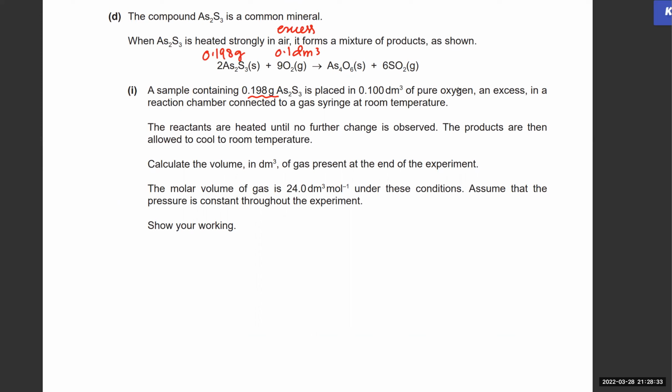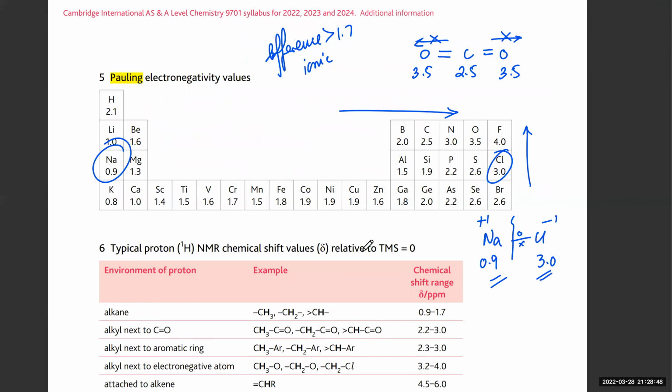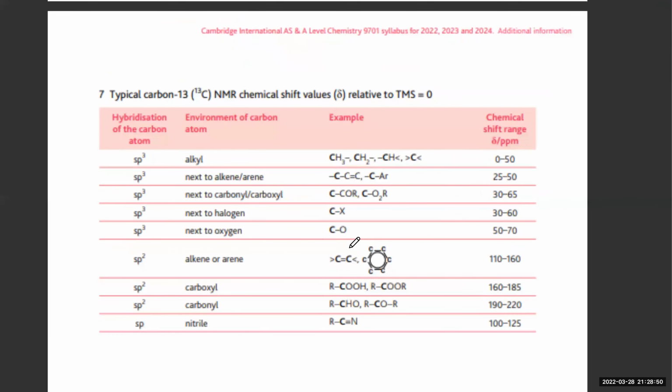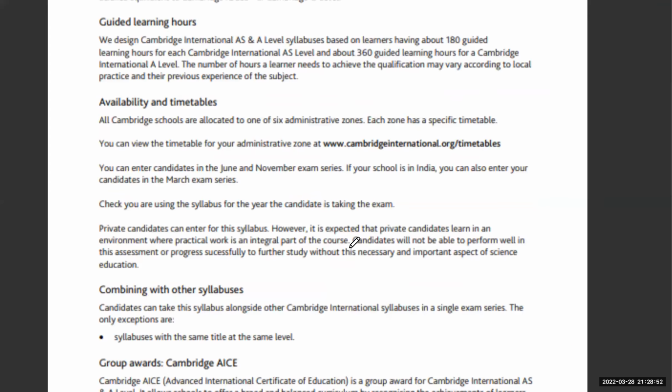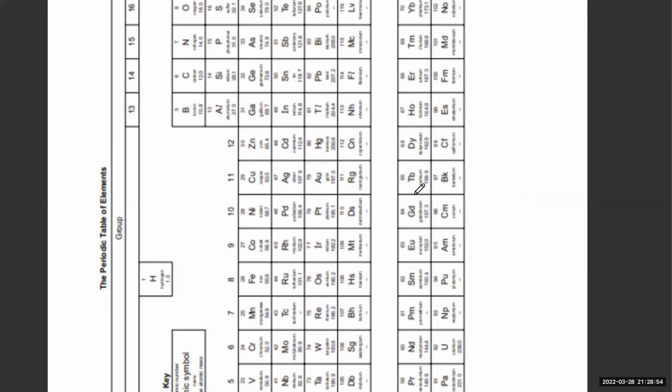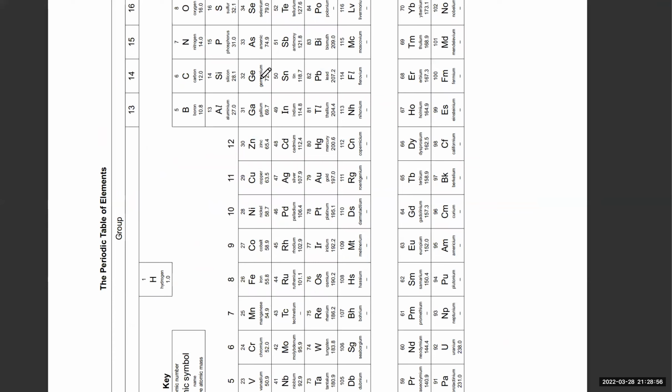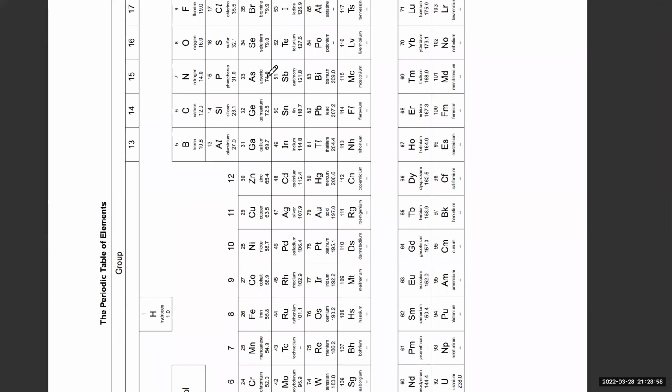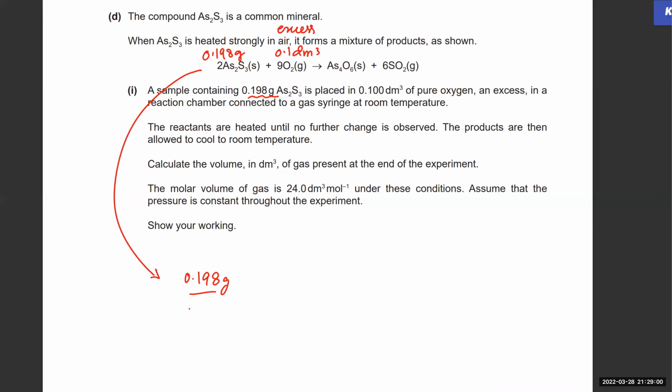Can you figure out the moles of this? 0.198 grams divided by the Mr. The arsenic over here is 74.9, that's given as 74.9.